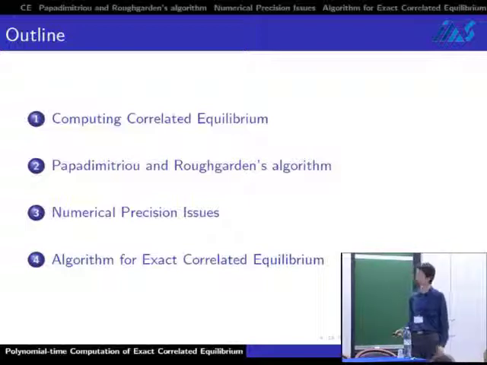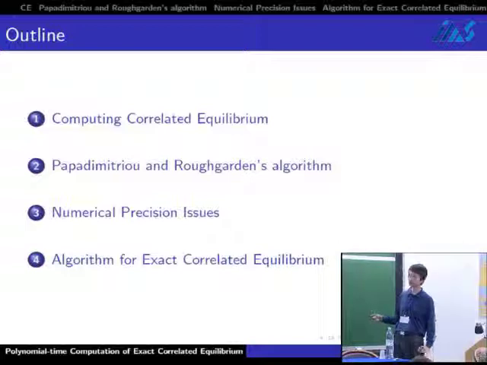Okay, in this talk, I'll first set up the computational problem of computing correlated equilibrium, and then I'll give an overview of Papadimitriou and Roughgarden's algorithm for computing correlated equilibrium, and briefly talk about certain numerical precision issues, which another group of researchers recently proposed can prevent this algorithm from computing an exact solution.